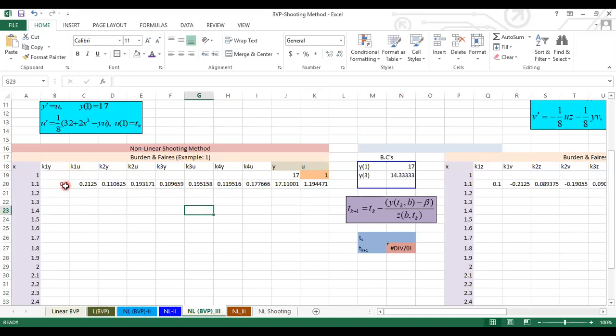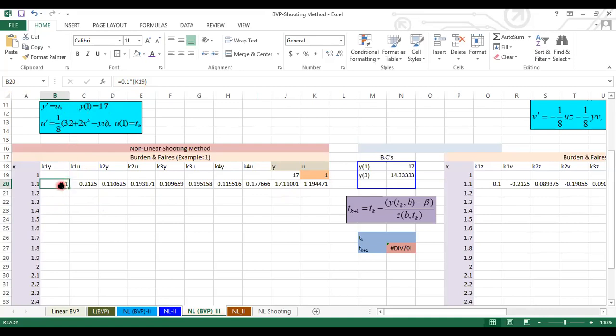Once you have computed these values, then it's a matter of repeating that procedure. So again, you can see how this cell has been computed. This B20 is equal to 0.1 times, where 0.1 is the step size, so h times f of x, y, u, which is from the first equation.